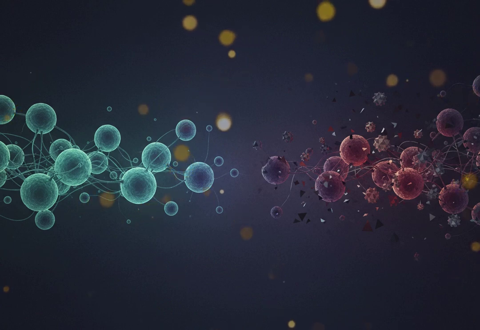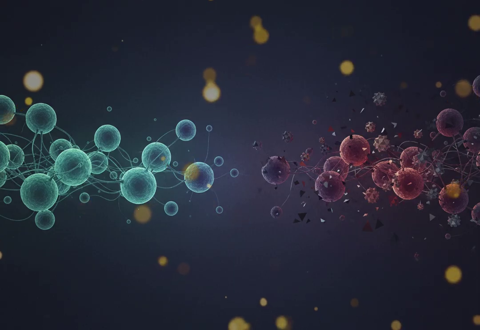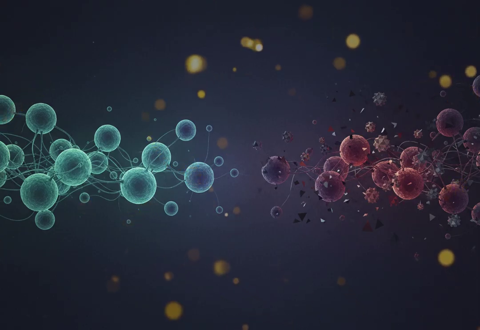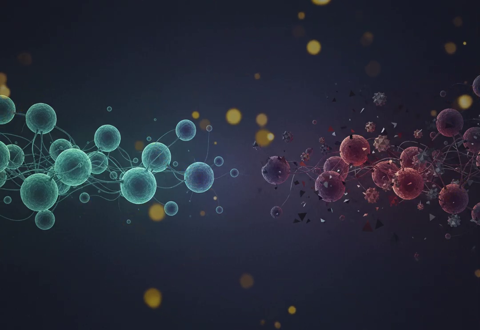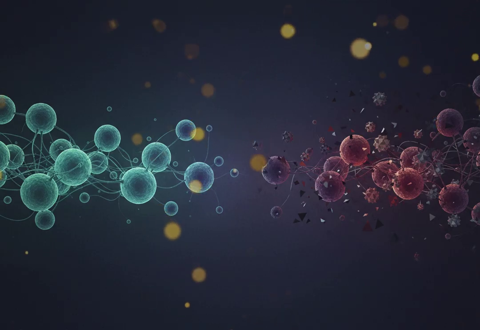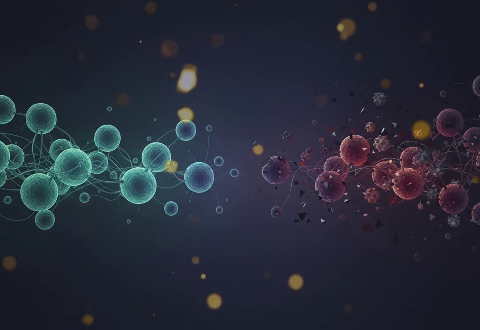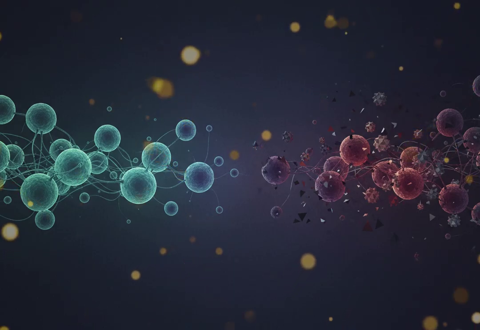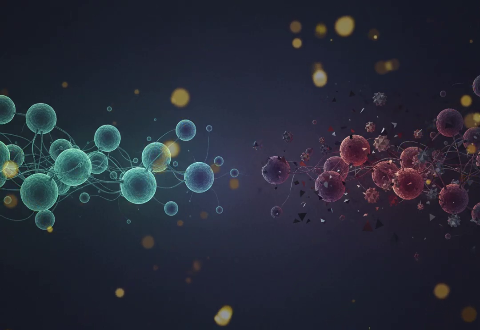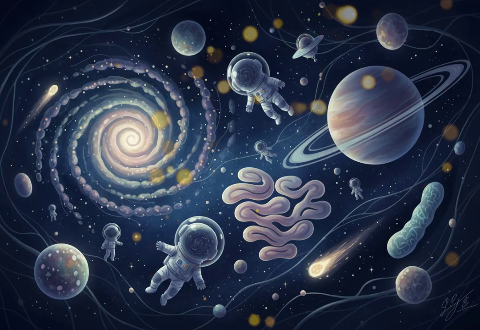This battle between virus and host is ongoing, a testament to the ever-evolving nature of life itself. The intricate strategies employed by both sides highlight the complexity of existence, where survival often hinges on adaptability and resilience.